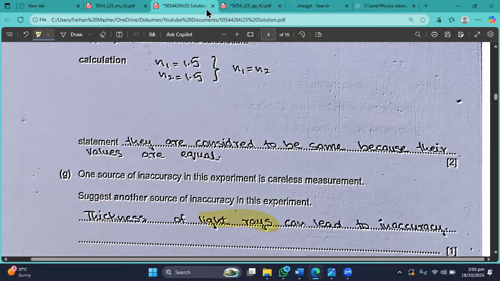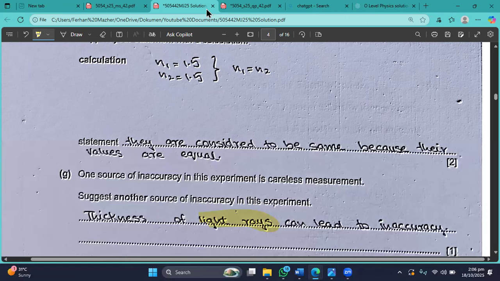Another source of inaccuracy, I am saying, can be your thick pencil. But this point is also very important: if the thickness of the light ray means the beam of light which you are using is wide, then what will happen? The exact position of the crosses can be different.